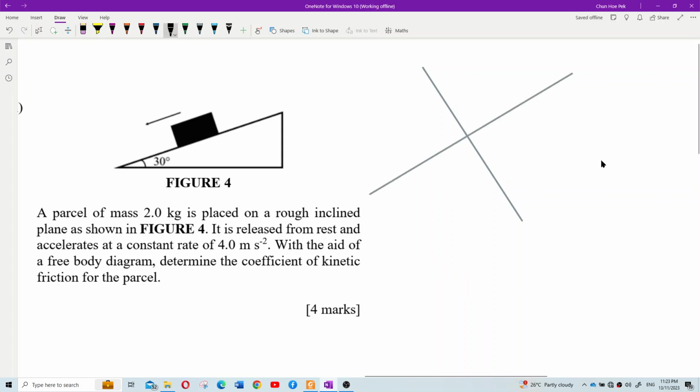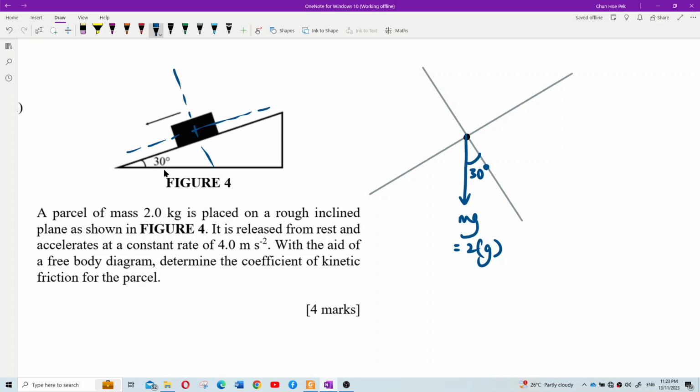Okay, so I have a point mass. What are the forces? First the mg, which is 2 times g. The 30° is the same as the 30° over here. So you have this mg over here, and this is 30°, class.